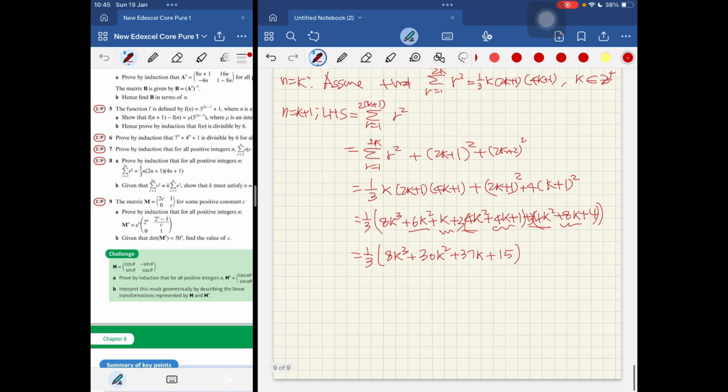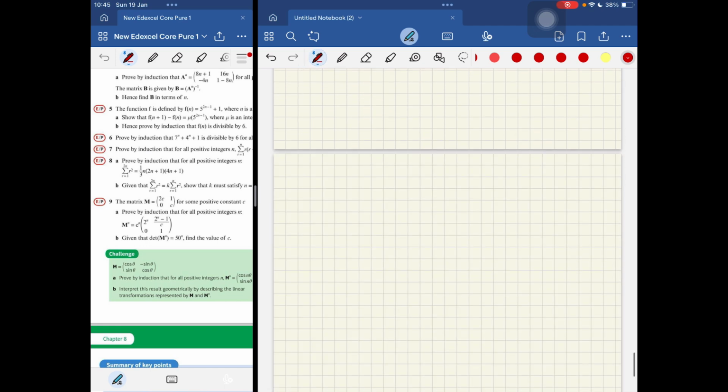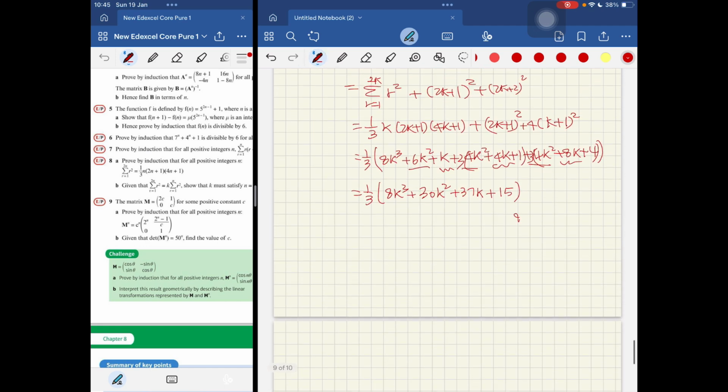Then now it's easy to guess. This has negative 1 as a root. So 8, 30, 37, 15. Negative 1. 22. Negative 22, 15. Negative 15, 0. So 8k squared, 22k plus 15. 2, 4, like this.